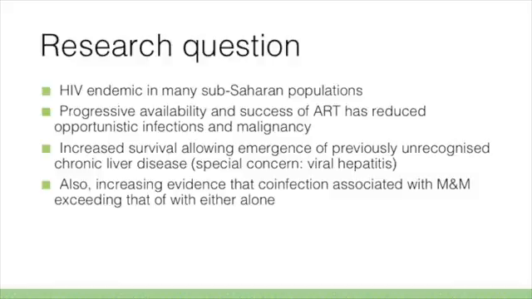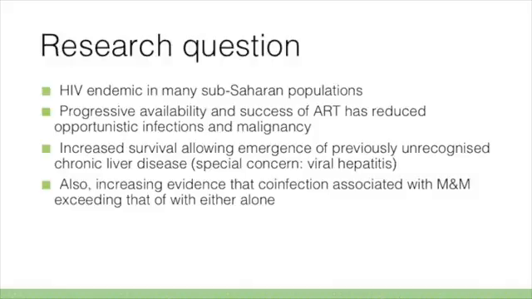Now, HIV is really endemic in many sub-Saharan populations, unfortunately. But with the progressive availability and success of antiretroviral therapy, that's therapy for HIV, it really has reduced opportunistic infections and malignancy. And those were really main causes of mortality in these patients.